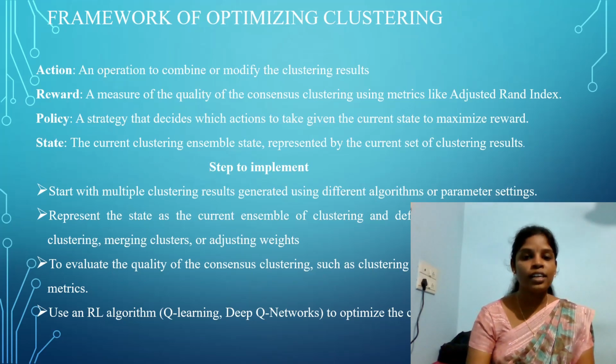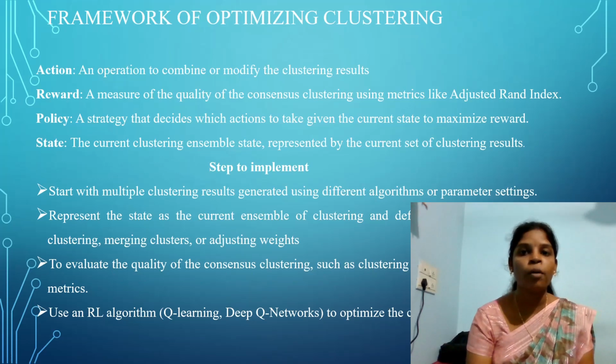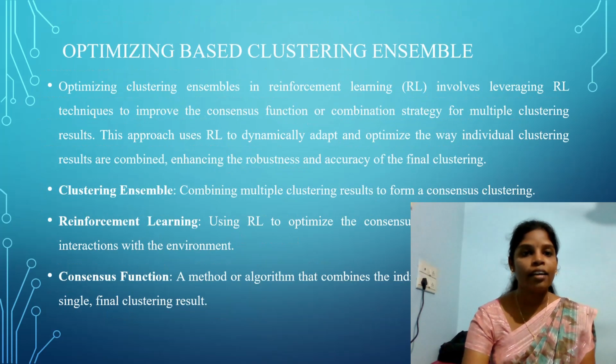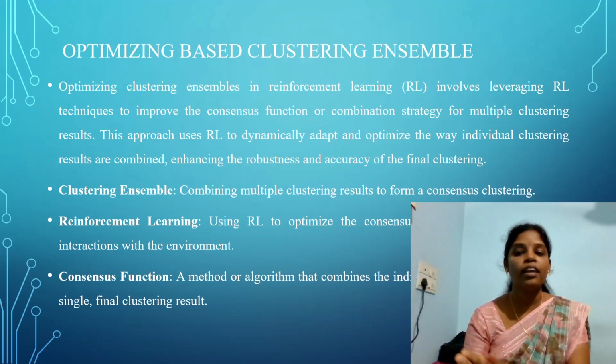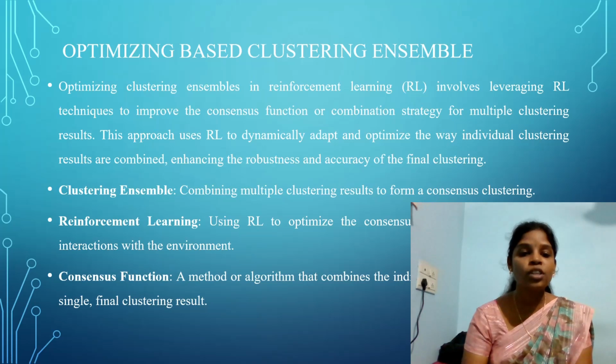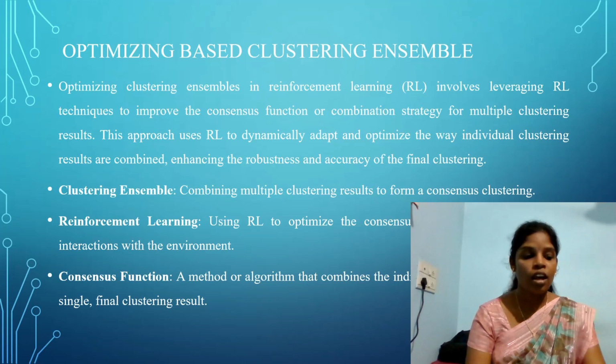Okay, these are the steps to implement, and this is the framework for optimizing clustering: learning the consensus functions from interaction with the environment, and the algorithm that combines the individual results into the single final clustering result.